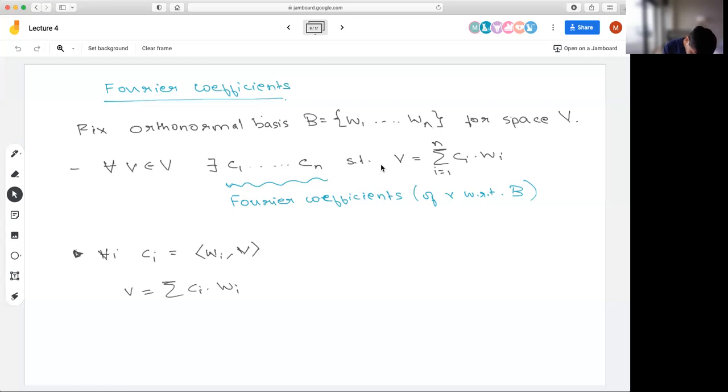Again, maybe I will use J here so as to not confuse. This is just the local index. So the inner product of Wi with V, again by linearity of the inner product in the second input.